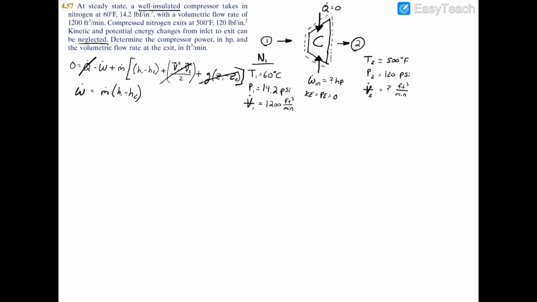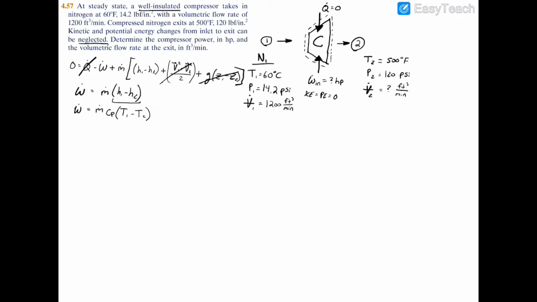Now, on a standard property table, we don't have the enthalpy, but we can rewrite this as the power W dot equals mass flow rate times the specific heat of nitrogen times T1 minus T2. And these are actually going to be equivalent expressions.